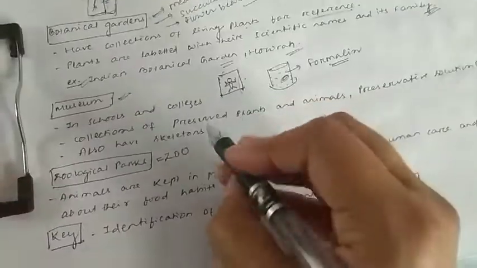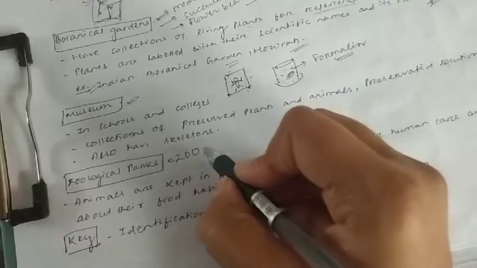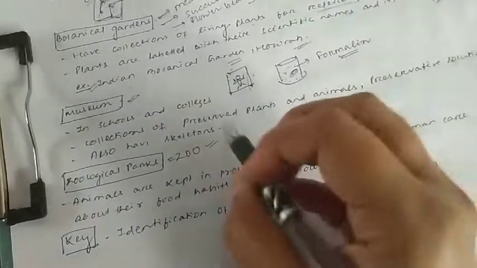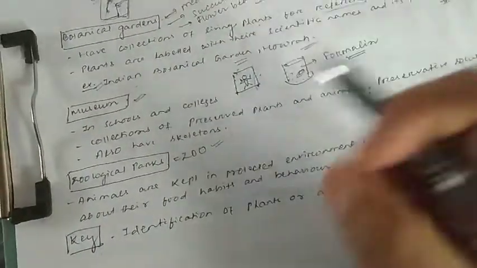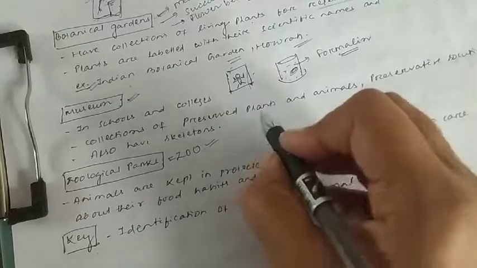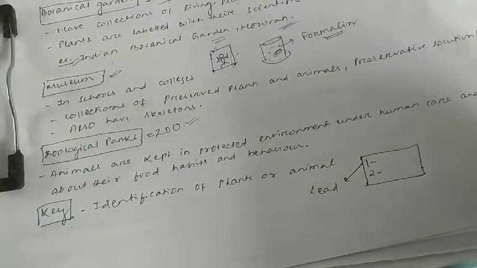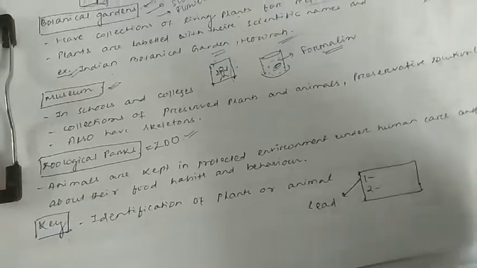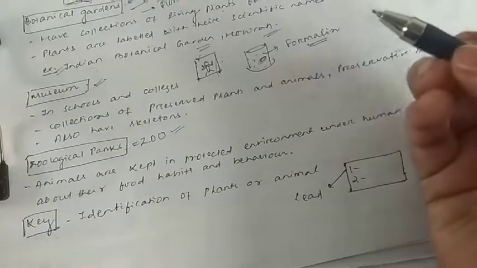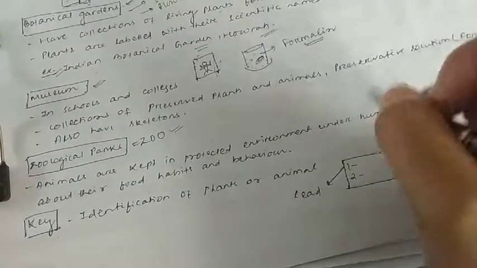Then the third one is the zoological park or the zoo. You must know what a zoo is. There we keep living animals, right? We keep living animals in a protected environment to study their food habits and their behavior.